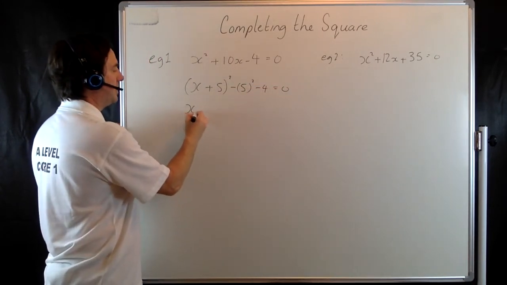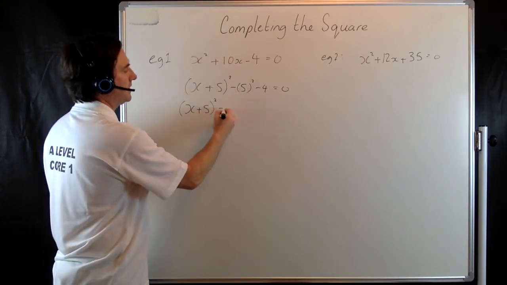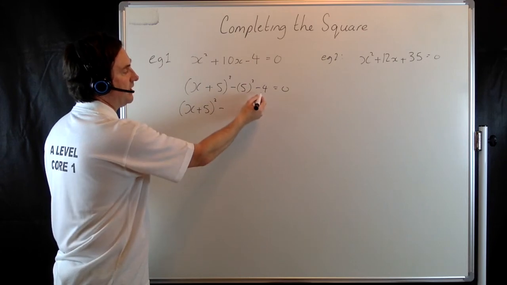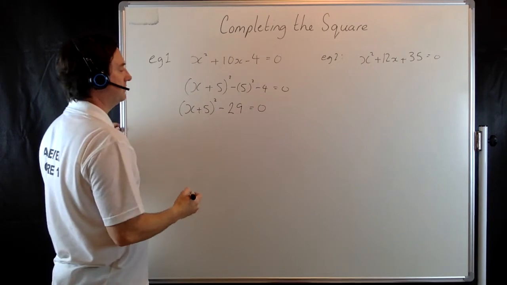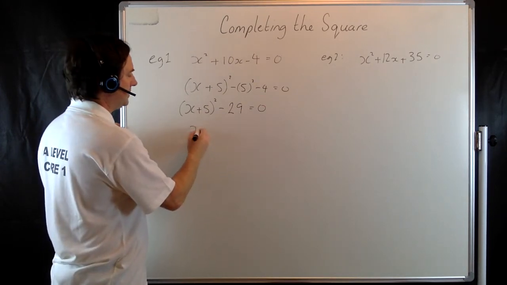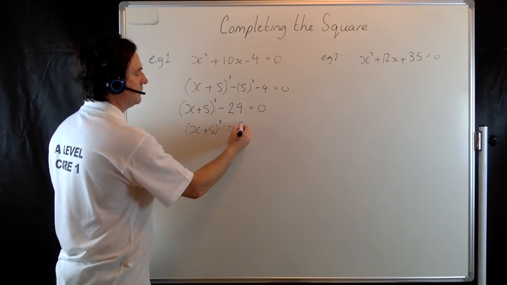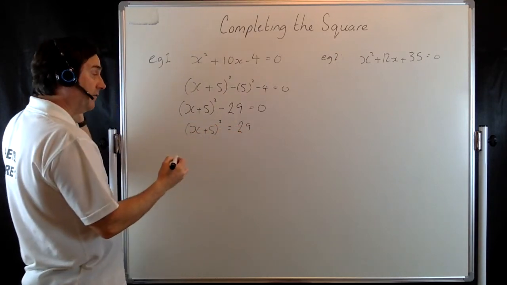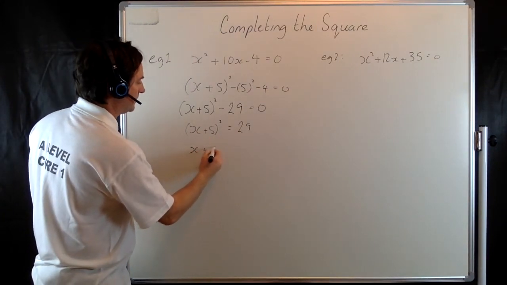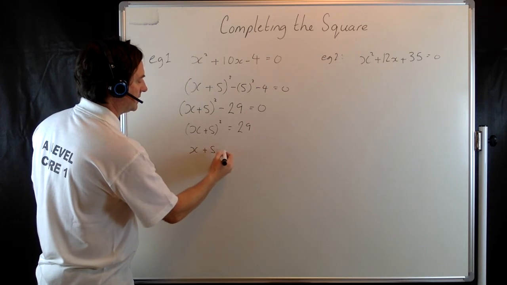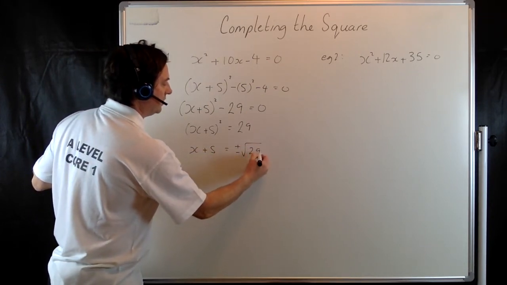If I now tidy this up, (x plus 5) all squared, take away 25, take away another 4 is negative 29 equals 0. If I then take the 29 over, (x plus 5) all squared is going to equal positive 29. If I then square root both sides, I end up with x plus 5 equals plus or minus the square root of 29.